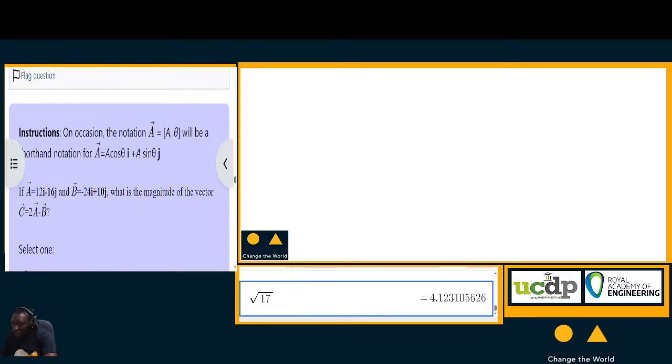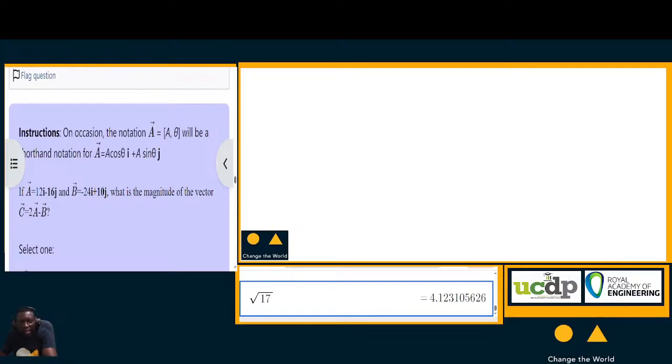With that notation, I'm sure you have already done vectors by now. If we have a vector drawn on a Cartesian plane, and that vector is vector A, then the x component of vector A will be A cos theta, and the y component will be A sine theta.